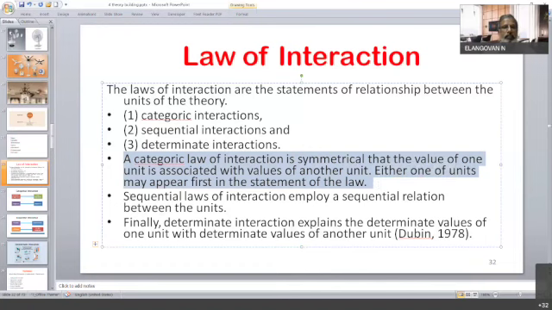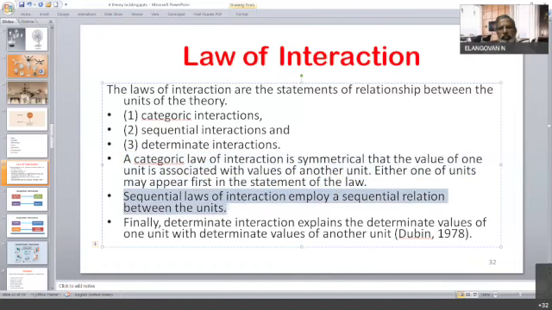But a sequential law of interaction implies a sequential relationship between the units. There is a time; there is a relationship based on time. But the third relationship is about determinate interaction, which explains the determinate values of one unit with the determinate values of the other unit.